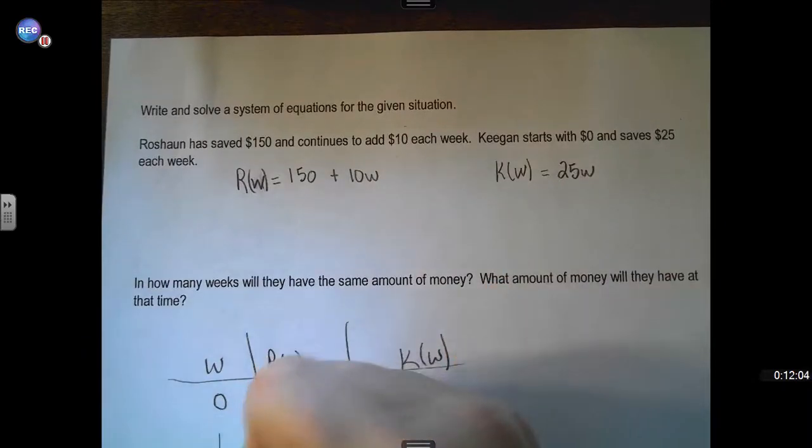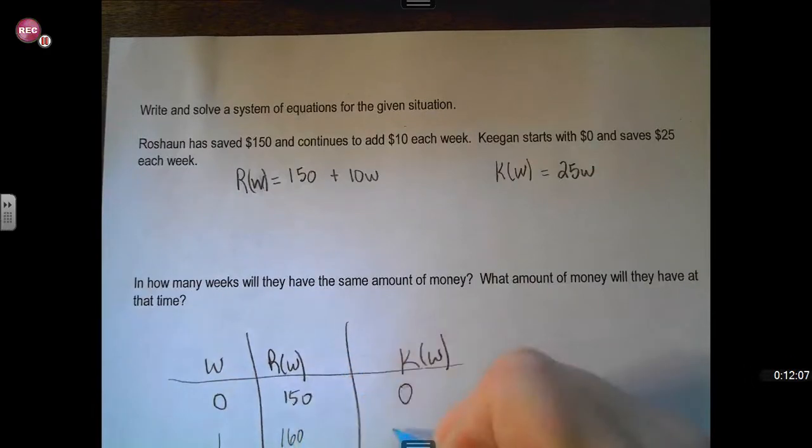At week 1, 160, 25. Week 2, 170, 50. Week 3, 180, 75. Week 4, 190, 100.